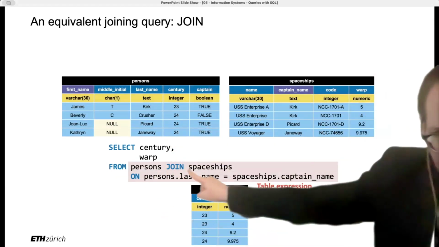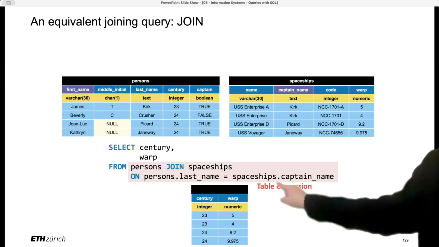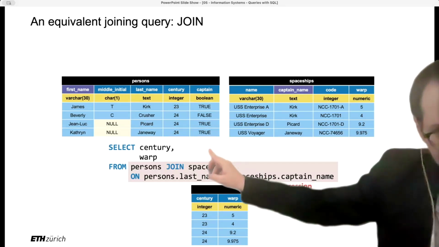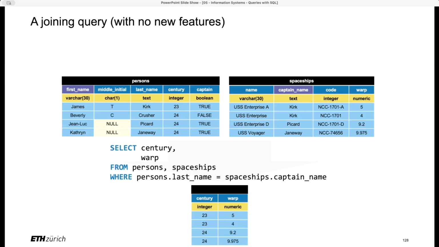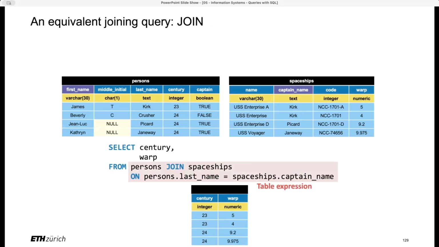This is the same thing as this, exactly the same thing. It doesn't matter which one you write. PostgreSQL is going to anyway rewrite it in this way, and it's going to be able to compute it as a theta join.